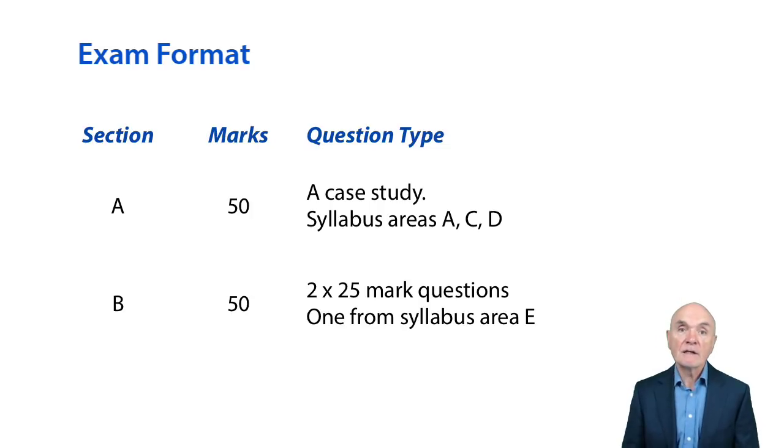Section B has got two 25-mark questions, and one of these will be on Section E. That is where we're going to make a judgment on performance. Here, advise clients and senior management on strategic business performance evaluation. And less often, perhaps the warning about future corporate failure.